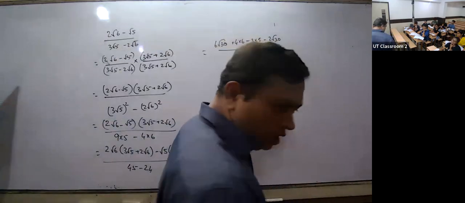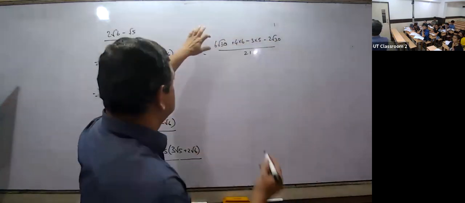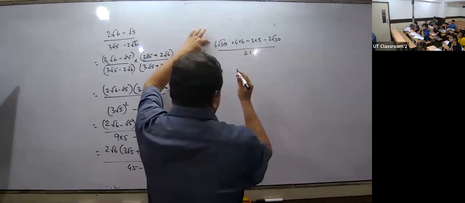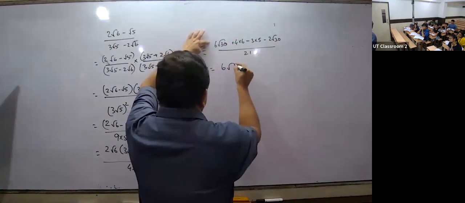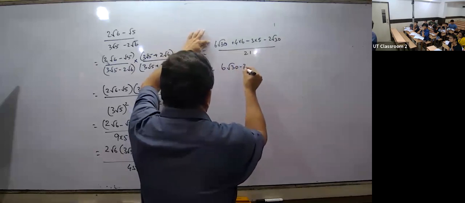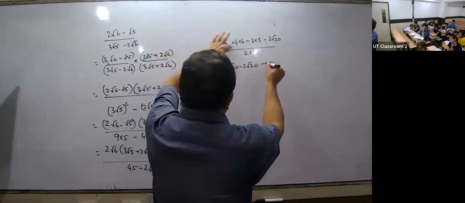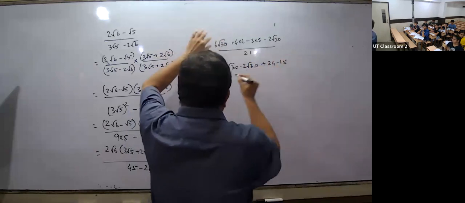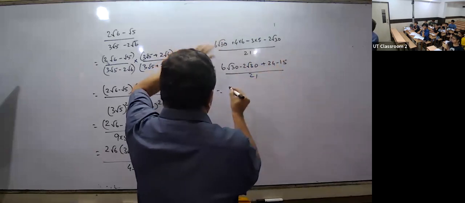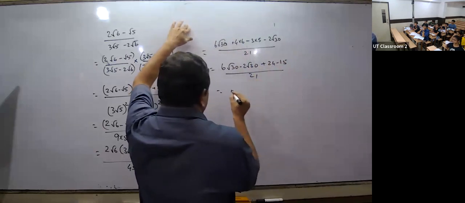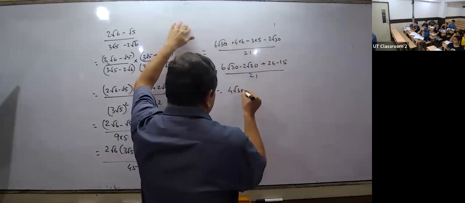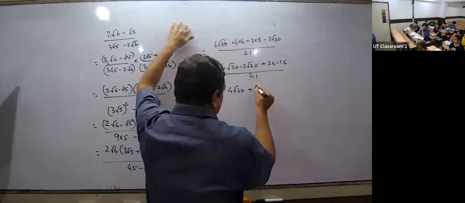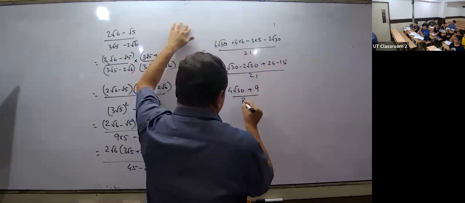Now look. 6 root 30 minus 2 root 30, or if you want to write one more step, I'll write 6 root 30 minus 2 root 30 and 4 6s are 24 minus 15, upon 21. 6 root 30 minus 2 root 30 is 4 root 30, plus 24 minus 15, which is 9, upon 21.